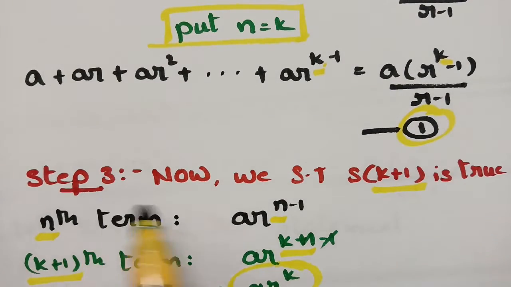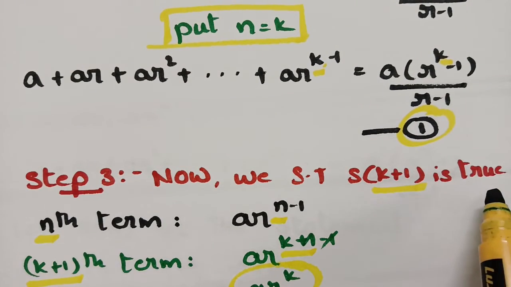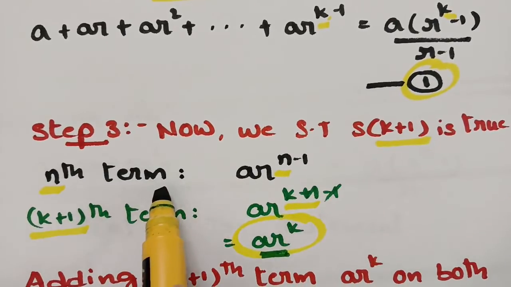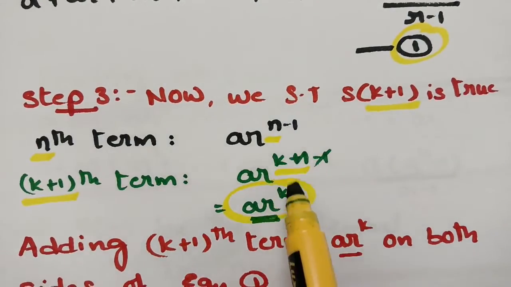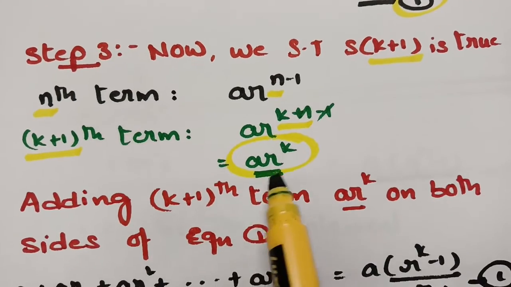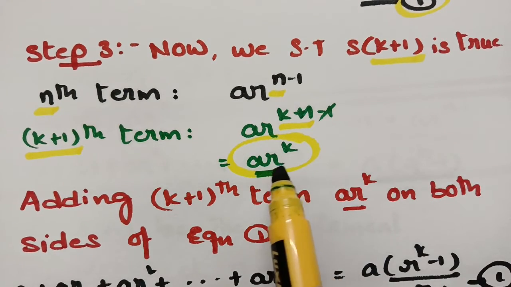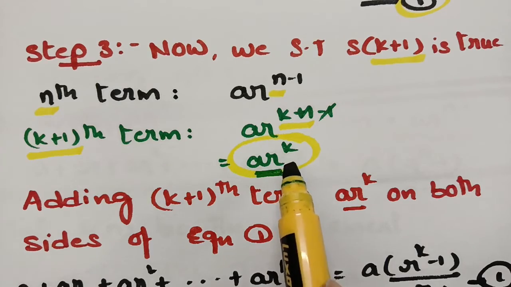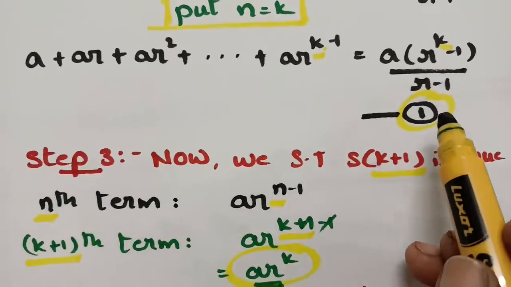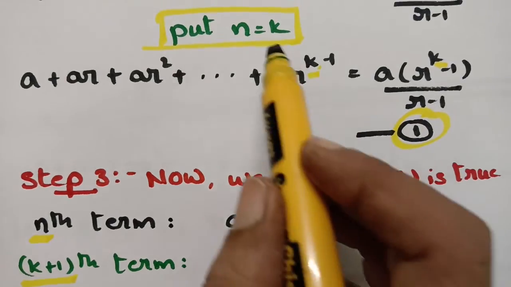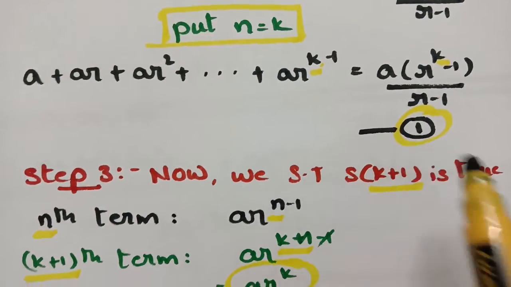And in the third step, we have to show that it is true for n is equal to k plus 1. So what is the nth term here? The nth term is nothing but A into r to the power n minus 1. In place of n, after substituting k plus 1 and cancelling, the k plus 1th term will be A into r to the power k. Now adding the k plus 1th term on both sides of equation 1. What is our equation 1? After substituting n is equal to k, we got equation 1.